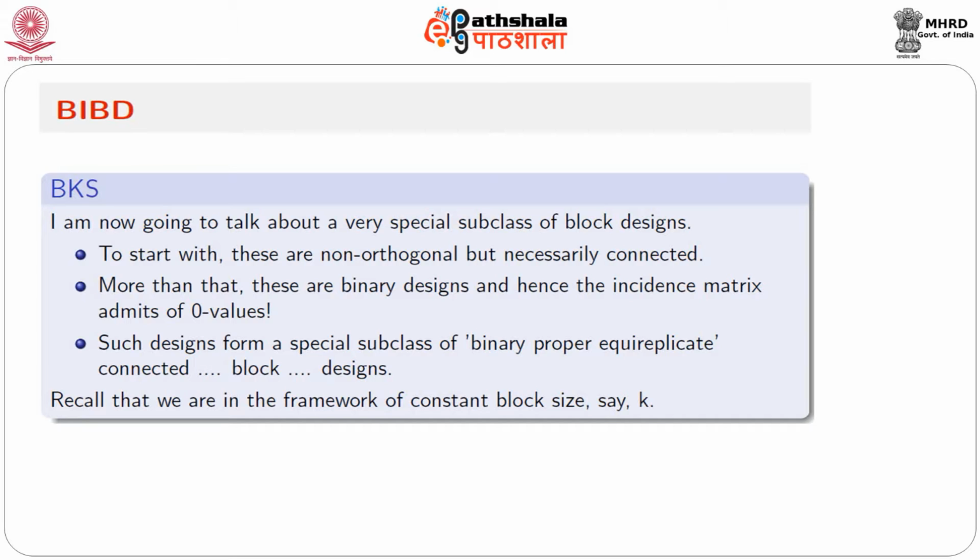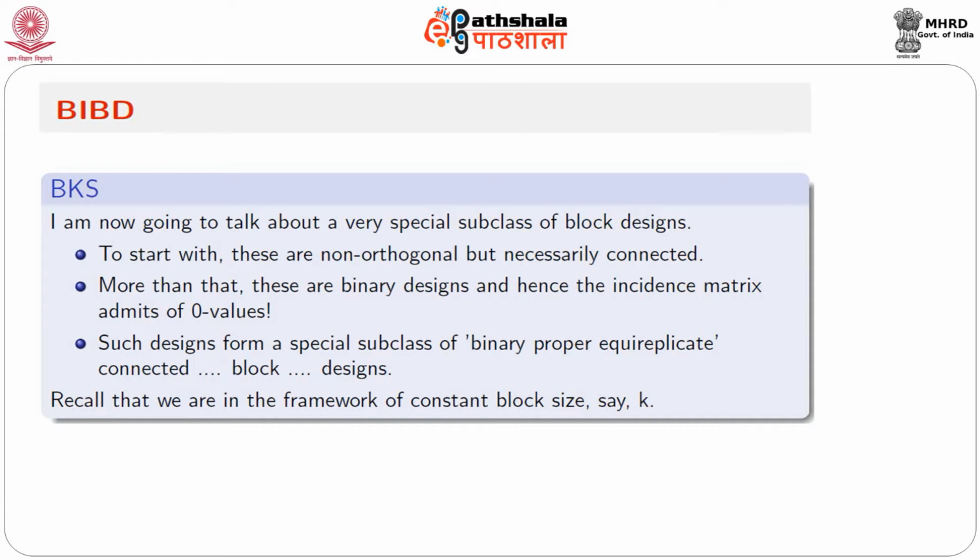More than that, these are binary designs, because if there is really a resource crunch, we do not mind taking Nij equal to 0 or 1, so long as the connectedness is retained, and hence the incidence matrix admits 0 values as well. We are in the framework of a binary non-orthogonal connected block design, thereby ruling out an RBD straight away.